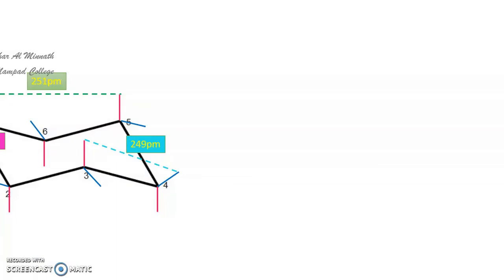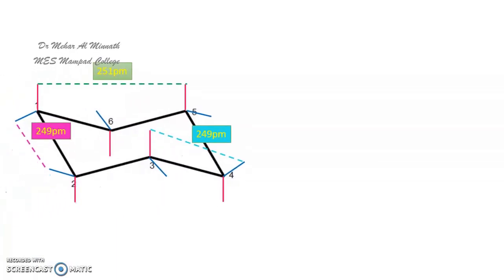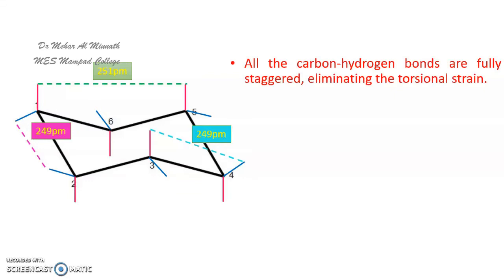In chair conformation, we have the 6 carbon atoms, 3 of them above the plane and 3 of them below the plane, and all the CH bonds are fully staggered, and hence there will not be any torsional strain.